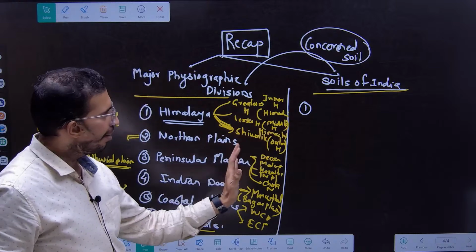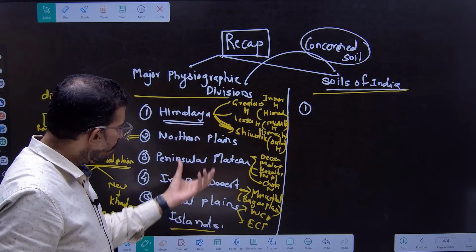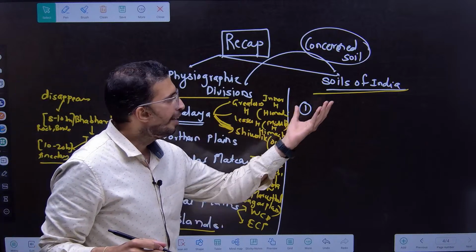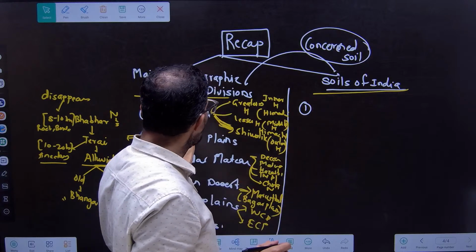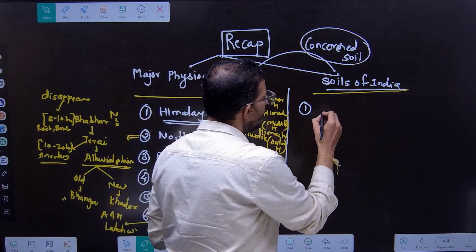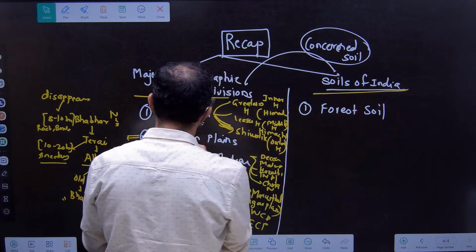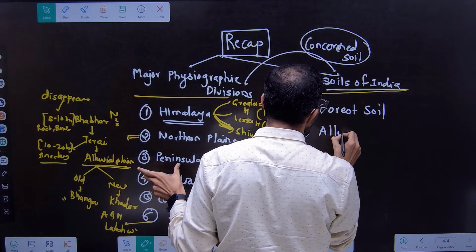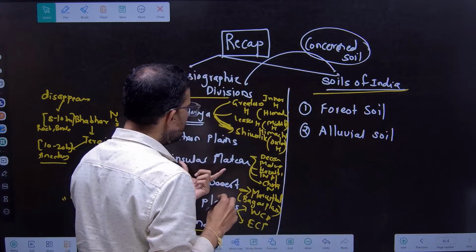We relate them, even where there is no scientific basis, but if we remember these physiographic divisions, then we can easily retain the types of soils which occur in India. Suppose this is a major physiographic division, Himalaya, then we have the forest soil, Himalayan forest soil. Then with respect to the northern plains, we have the alluvial soil. Then third one, Peninsular Plateau.